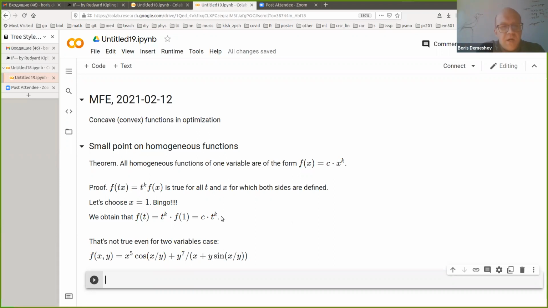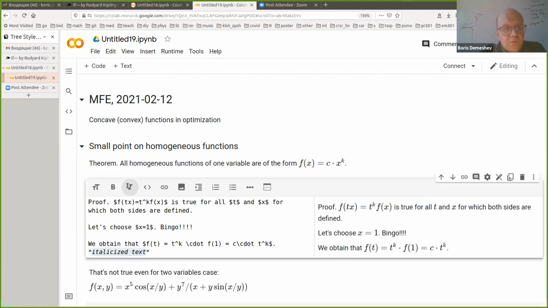What's the problem? If it's satisfied for all t, so this part I have selected is satisfied for all t, for all x when they are defined. That basically means just rename them. It's not satisfied in one point.